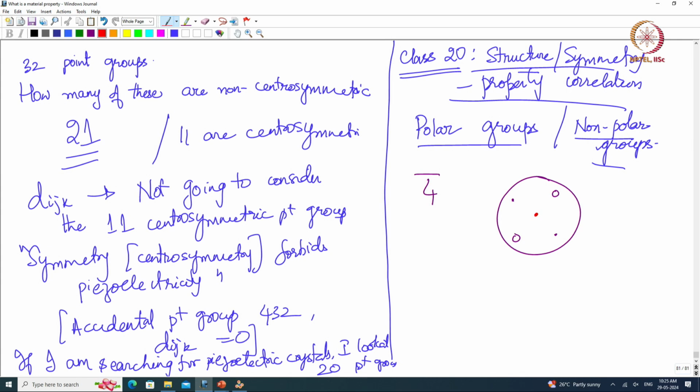It is not an axis, it is a point about which I have 4 bar symmetry. So in 4 bar there is a unique point of high symmetry. If I take 6 by m, even in 6 by m, 4 bar does not have inversion symmetry, remember that.